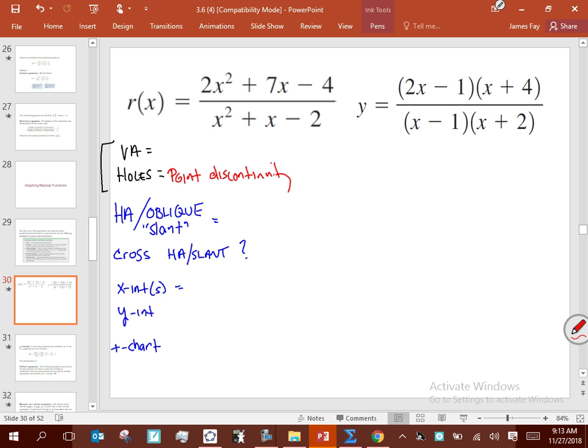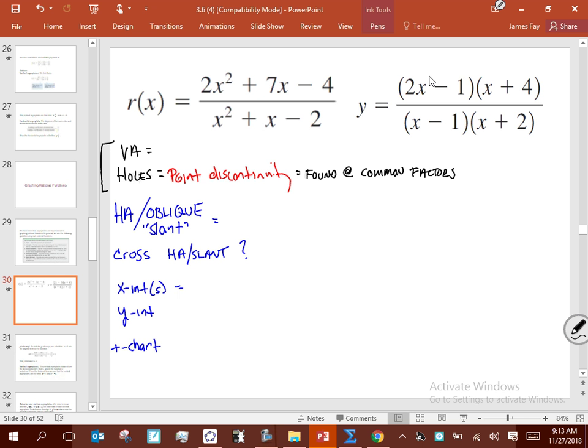Now, vertical asymptotes and holes. A hole, and we'll get into more of this later, is found at common factors, or found when you have common factors.